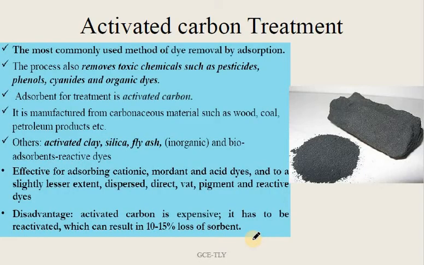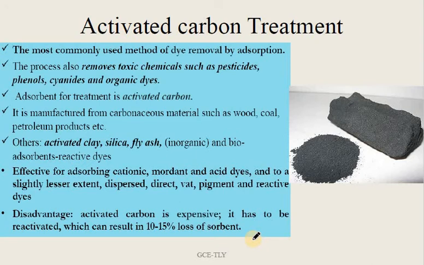So next is activated carbon treatment. It is the most commonly used method for dye removal, and it follows the method of adsorption. The process also removes toxic chemicals such as pesticides, phenols, cyanides and organic dyes, and the adsorbent material commonly used for this method is activated carbon. In general it is called the adsorption technique.